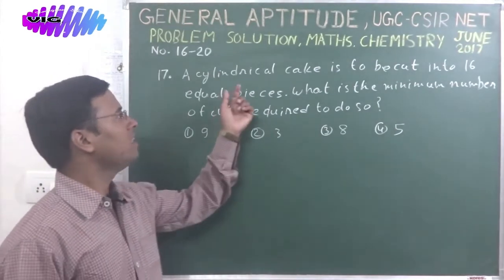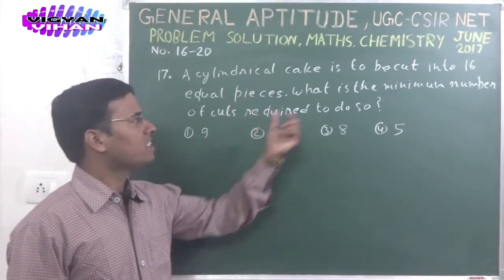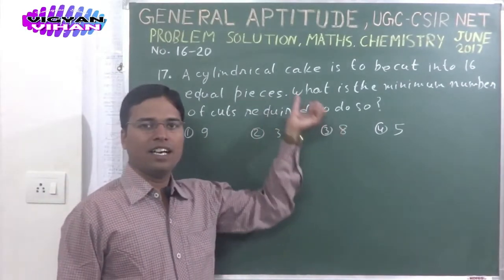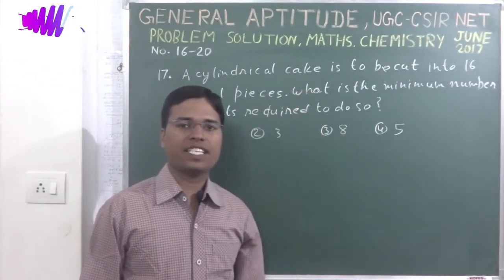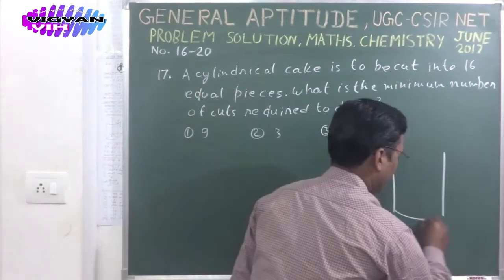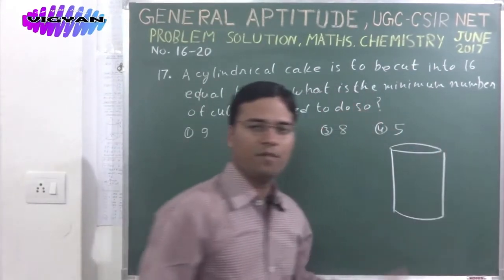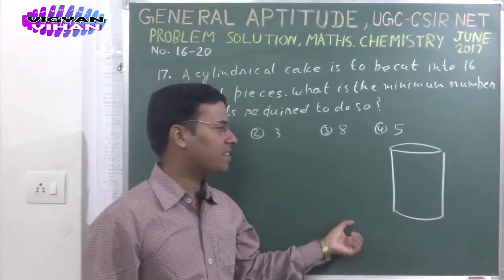In this problem, the question is asking the number of minimum cuts required to cut a cylindrical cake into 16 equal pieces. Imagine the cake is like this, in the shape of a cylinder.